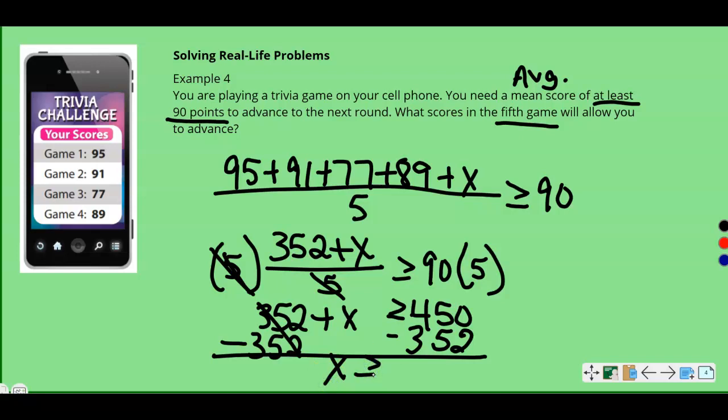You can see that that's only 2 off from the 100 difference there, so it's going to be 98. So they're going to have a score of 98 or higher to average at least 90 points for this trivia challenge.